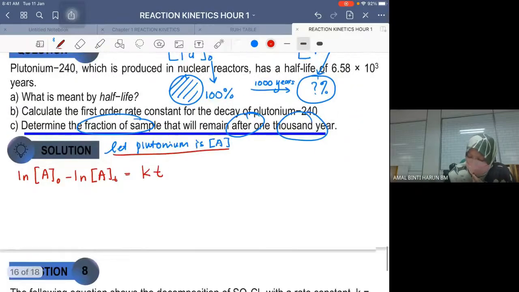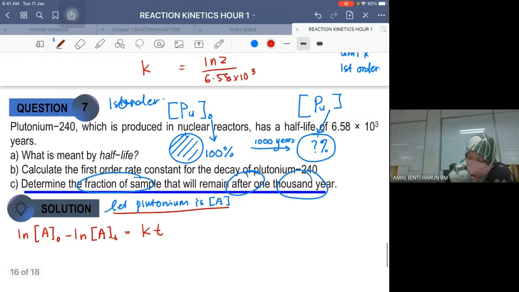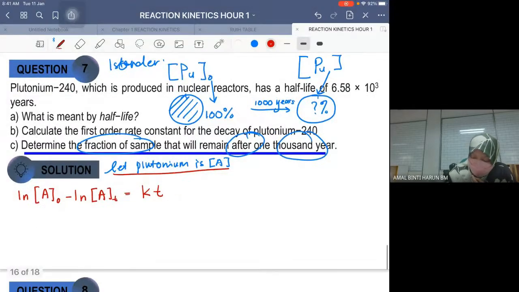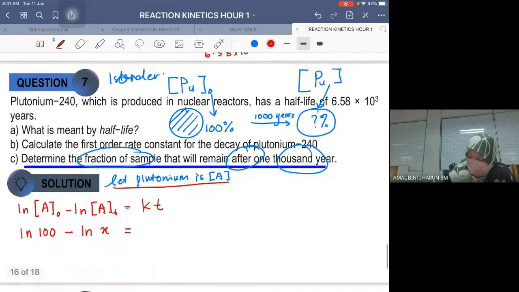Okay. And then initial concentration. So kita boleh buat, tadi kita assume awal-awal dia 100 kan, sebelum dia decay, it's 100% concentration. So ln 100 tolak ln X, tak tahu tinggal berapa. And then K dia 1.05 exponent negative 4. Selepas berapa tahun ni?